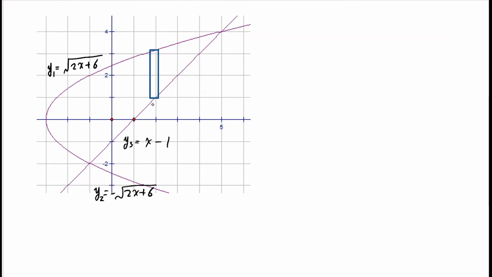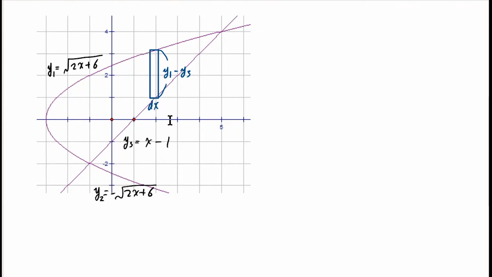Okay. Now this width is infinitesimal, delta x, dx. What is the height of this rectangle? Do you agree that this is y1 minus y2? I mean y3? The distance formula concept? Because we have the same x coordinate, but you have two different y coordinates. You know what I'm saying?